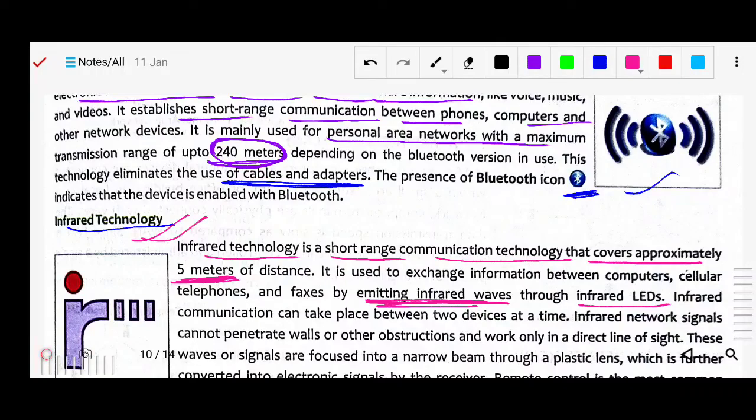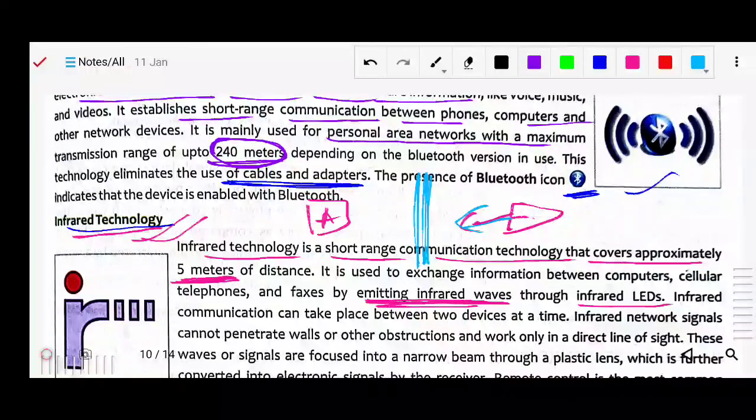And what is the drawback, the limitation of this infrared? Suppose your TV is here and your remote is here, and you are trying to change the channel, it will work. But if there is some hurdle or barrier, some wall or something, it will not work, because the penetration power of infrared is very weak.